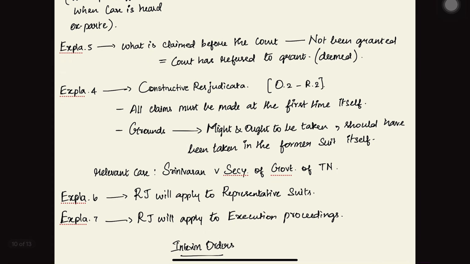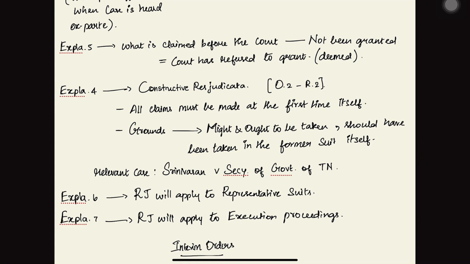And Explanation 4 deals with constructive res judicata. This is very important. All claims must be made the first time itself. If a person has a particular claim and the right to claim it, then he should make all claims in the first suit itself. He cannot put forth his claims one by one.